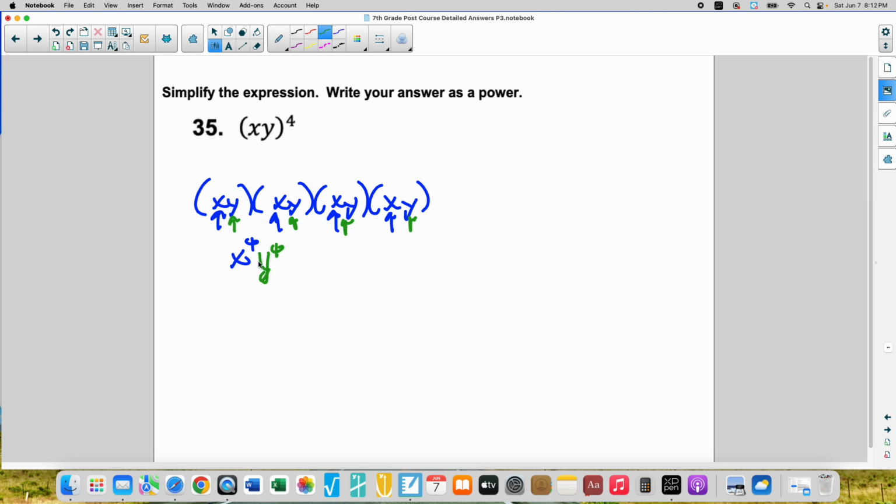So that is x to the 4th, y to the 4th. And when we have a power of a power, we can distribute to each of the terms. So that's x to the 1 times 4, y to the 1 times 4. That's to the first power. You don't see the ones. So that's why we get x to the 4th, y to the 4th.